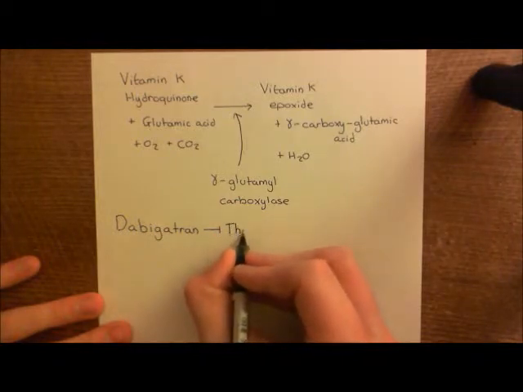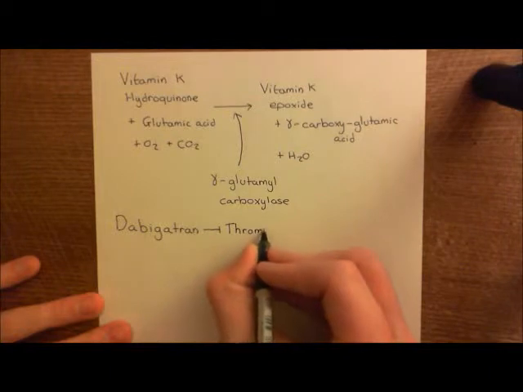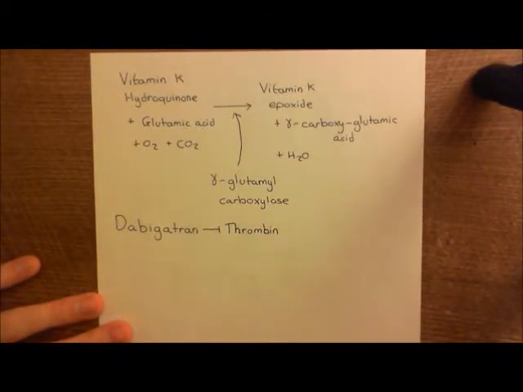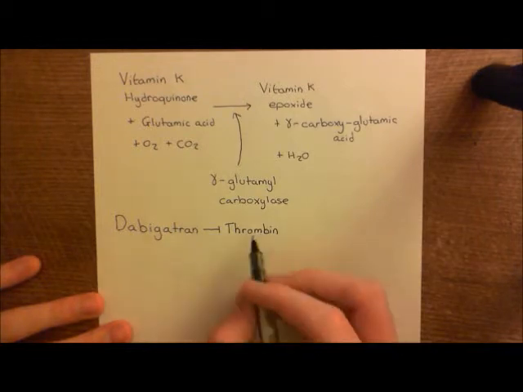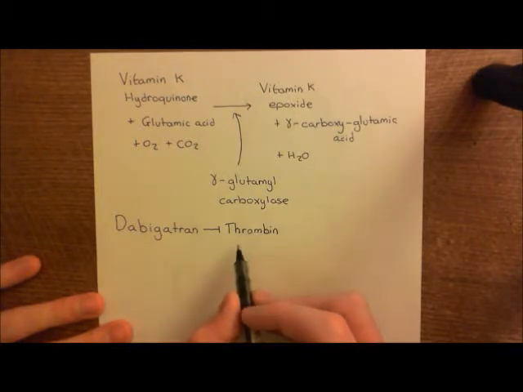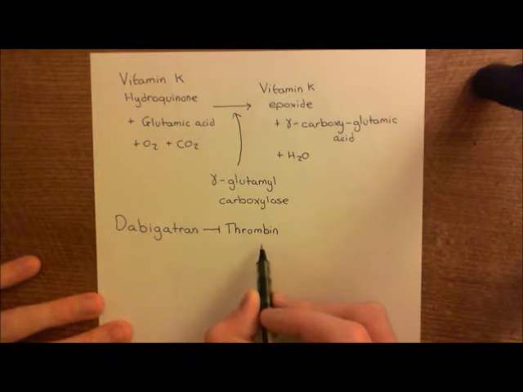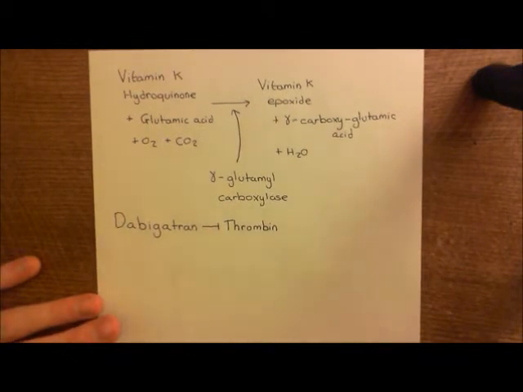So, if in your blood prothrombin or factor 2 is activated to thrombin or factor 2A, then if you're taking this drug dabigatran, it will bind to the thrombin and directly inhibit it. Now, thrombin is the enzyme, remember, which is responsible for converting fibrinogen into fibrin, okay, and then the fibrin monomers are assembled into fibrin strands by 13A, which is also activated by thrombin. So inhibiting thrombin stops coagulation, basically.